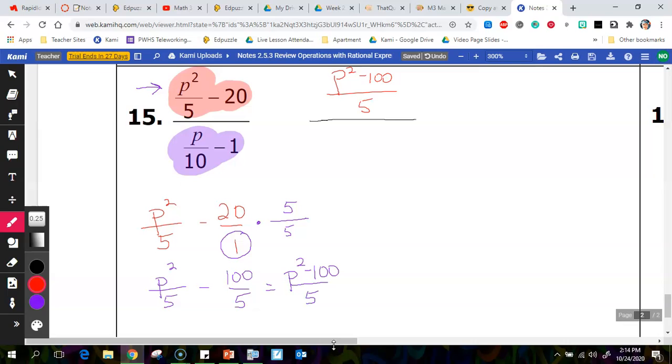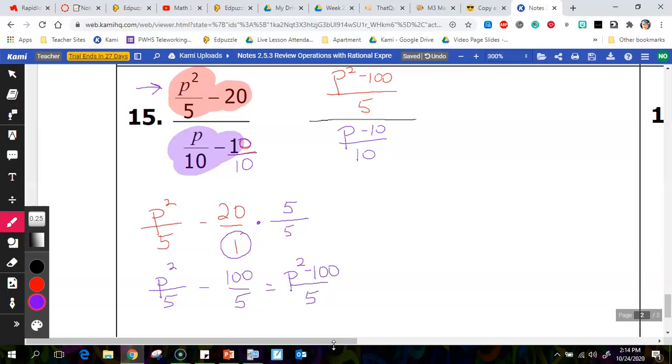Now I need to look at my denominator, the p over 10 minus 1. Well, 1 I can rewrite as 10 over 10. Actually, let me do purple. If I rewrite 1 as 10 over 10, that means my denominators are the same. So then I can just do p minus 10 over 10.